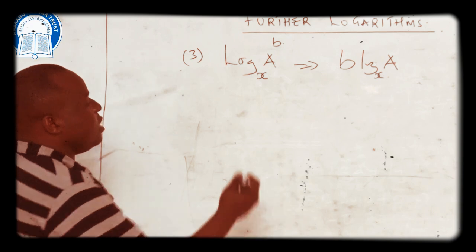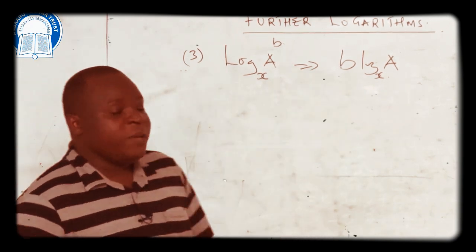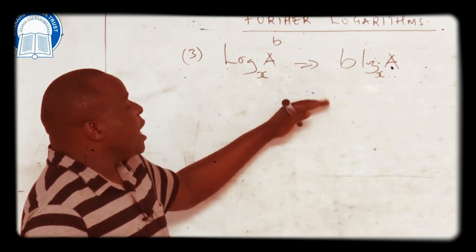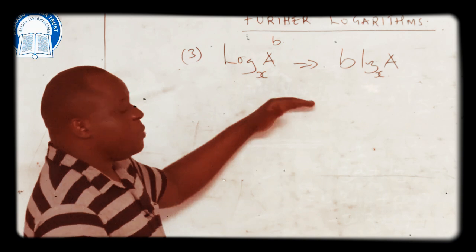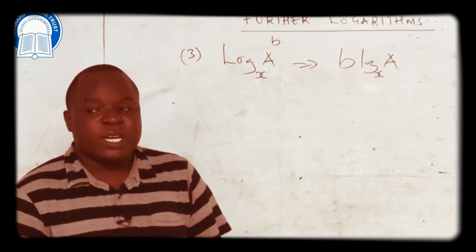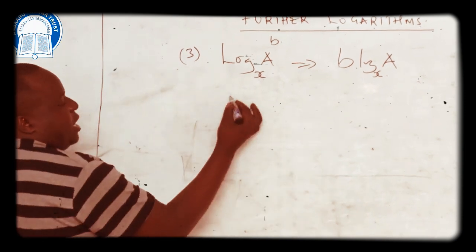So first of all, why do you need to know this? It is very important in simplifications, especially in expressions. And in expressions you're supposed to simplify. When you're simplifying values, you're supposed to write them in the simplest form possible. Consider a number like maybe log 8.